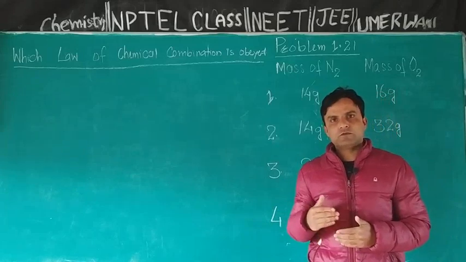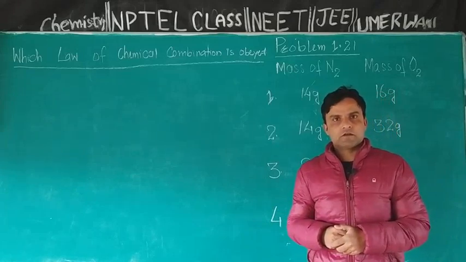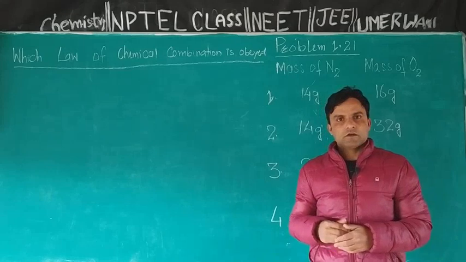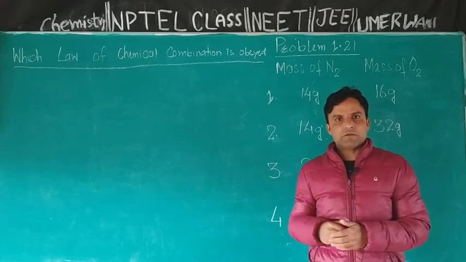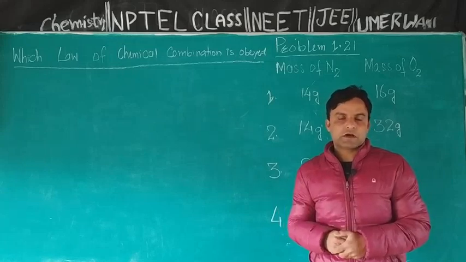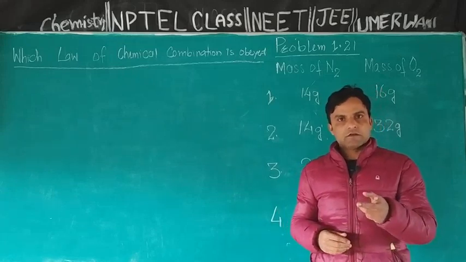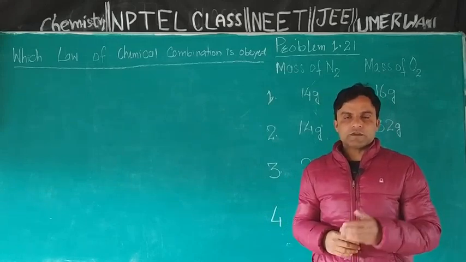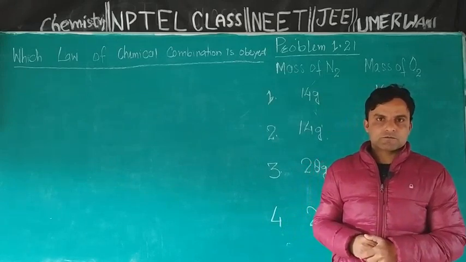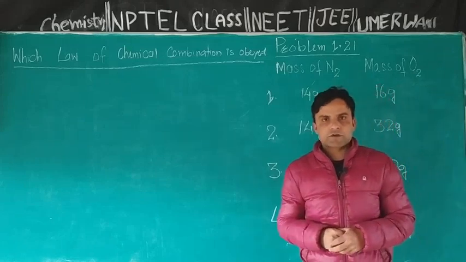It says when 2 different elements combine, a fixed mass of one element reacts with different masses of the other element, and the different masses of the second element always bear a simple numerical ratio. And the 4th law is the law of reciprocal proportion.